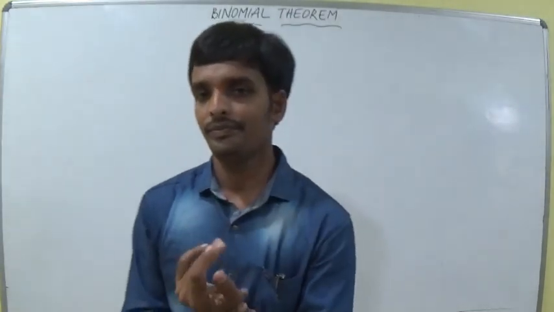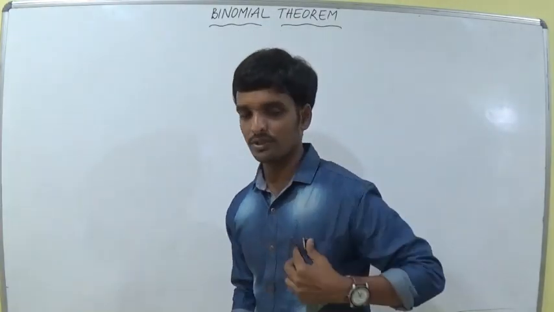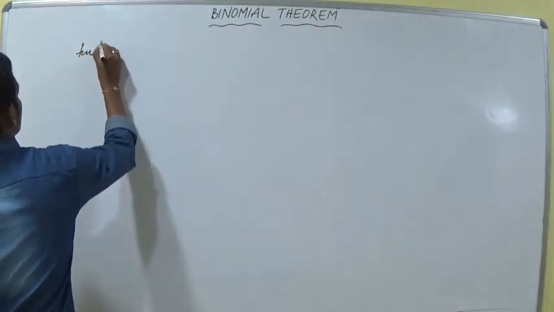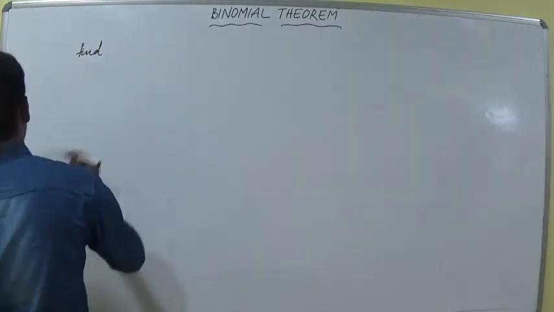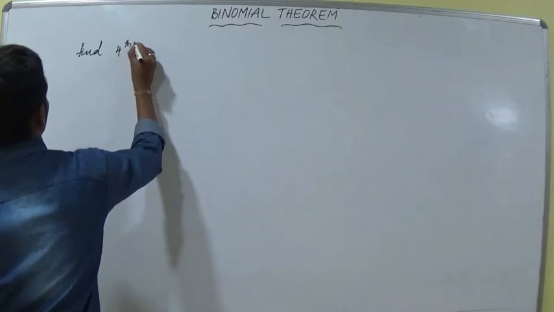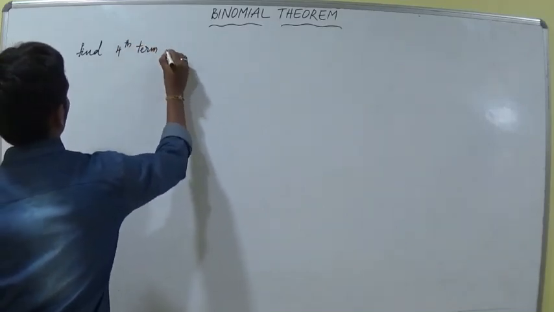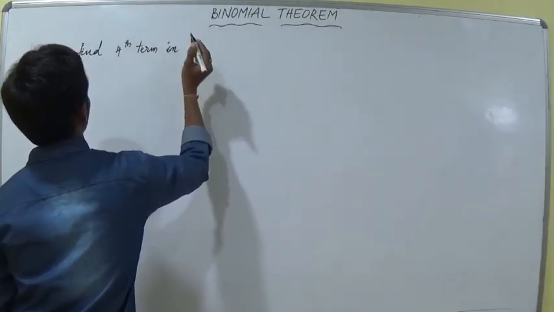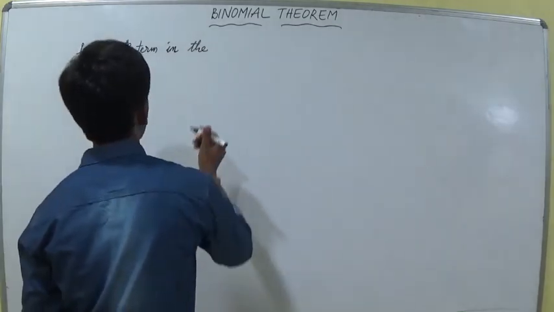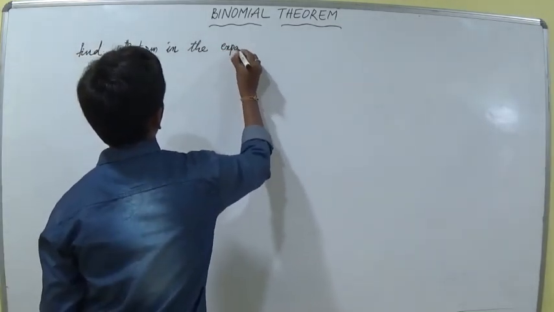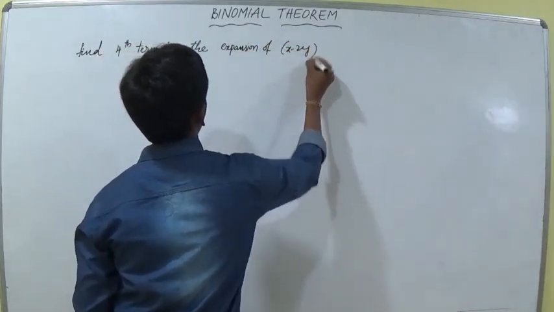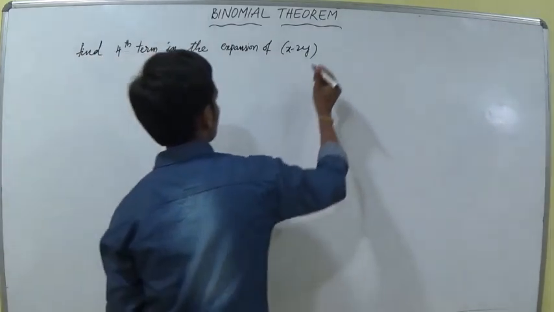Are you okay? Now I am taking a question from the formula. Find the fourth term in the expansion of (x minus 2y) whole to the power of 12.